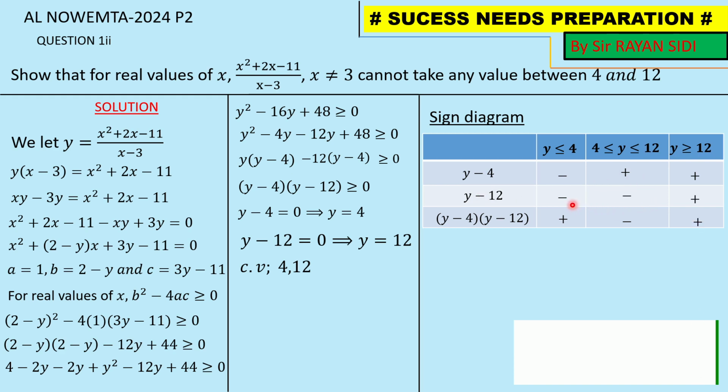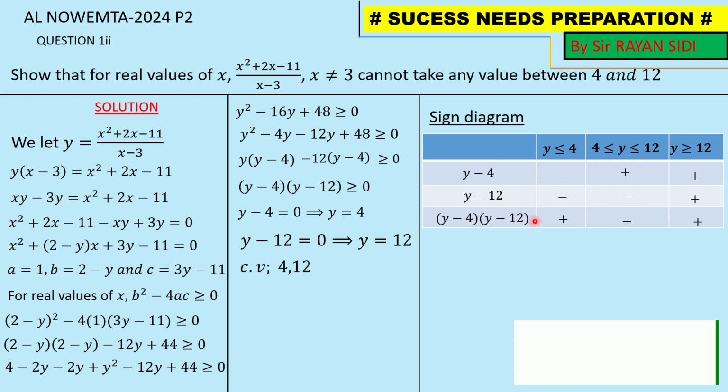Now if we were asked to find the range of values of y for this function, then we're supposed to have this range and this range, because the sign of the inequality is greater than or equal to 0, to be well noted. But now since they say to show that it cannot take any value between 4 and 12, you see from the sign diagram that the sign of this boundary is negative, meanwhile the sign of the inequality is positive.